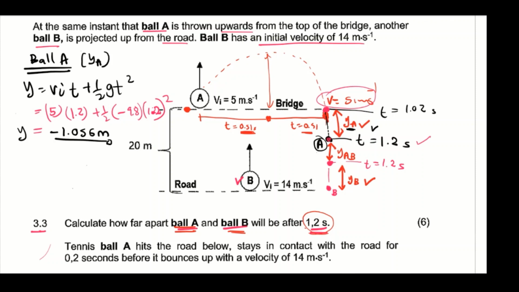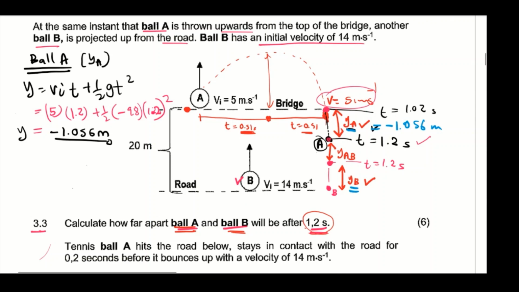The minus just tells you that the object is moving downwards, right? So this is just the direction of the height of this ball. So we now found y of A, which is equal to minus 1.056 meters.